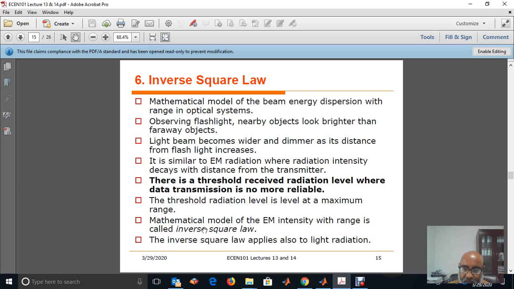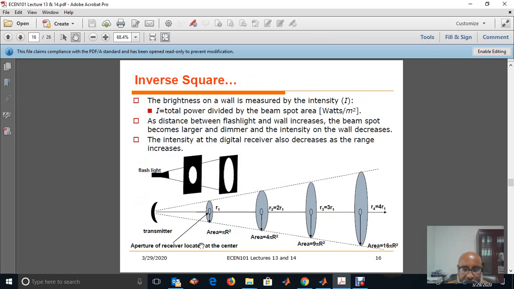The inverse square law applies to light radiation. So if we see here, for example, I have a beam of light transmitted here. When we go far from the transmitter, what will happen from the flashlight or from the torch? The intensity decreases.